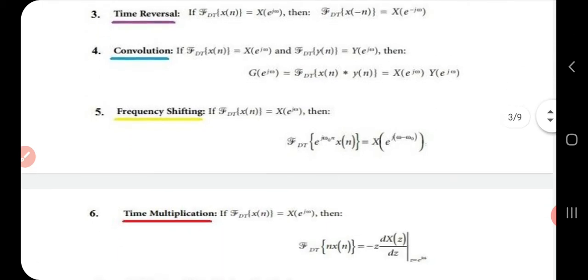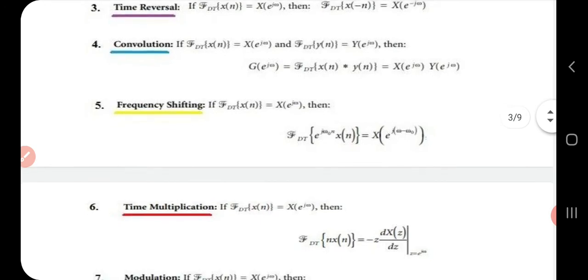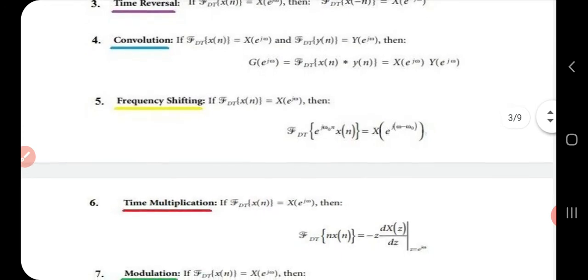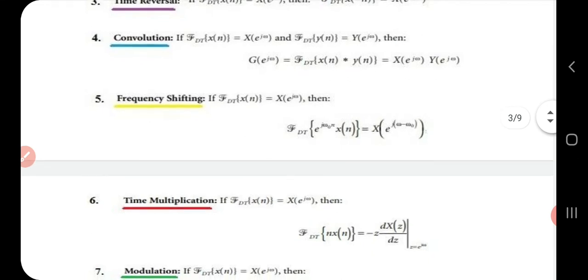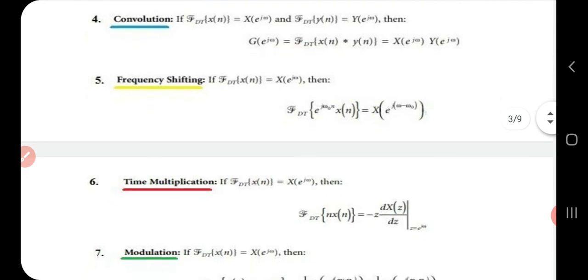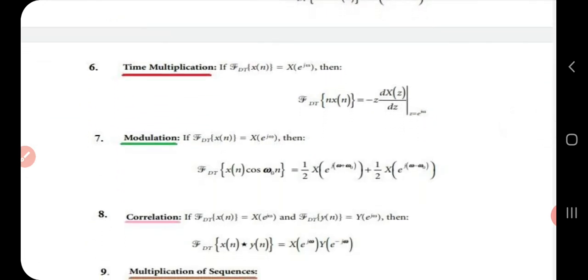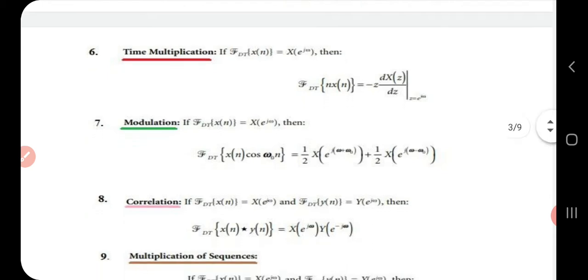Next is frequency shifting. If DTFT of x(n) is X(e^{jω}), then DTFT of e^{jω0 n} x(n) will be X(e^{j(ω minus ω0)}). Next is time multiplication. If DTFT of x(n) is X(e^{jω}), then DTFT of n, an integer, multiplied with x(n) will be equal to minus z d/dz of X(z), where z is equal to e^{jω}.